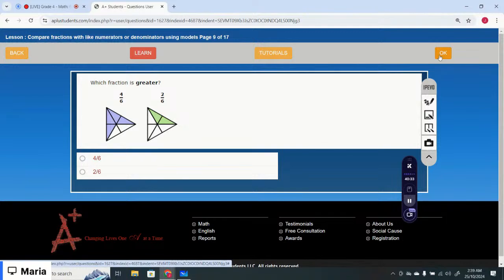Which fraction is greater? 4 by 6, 2 by 6. 4 by 6 is greater than 2 by 6, right?